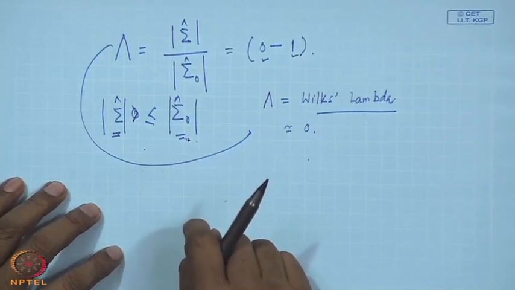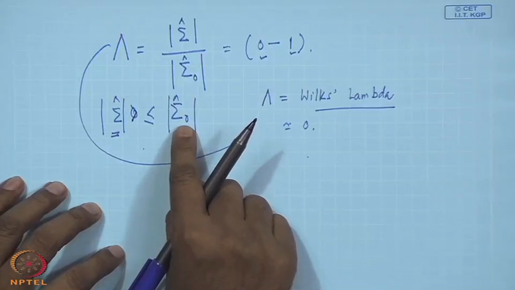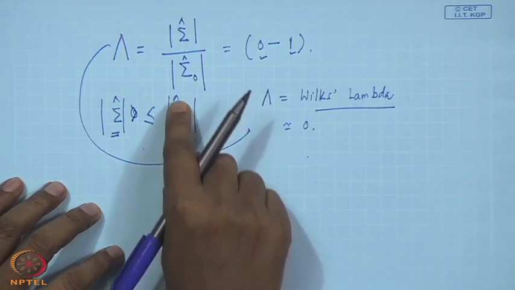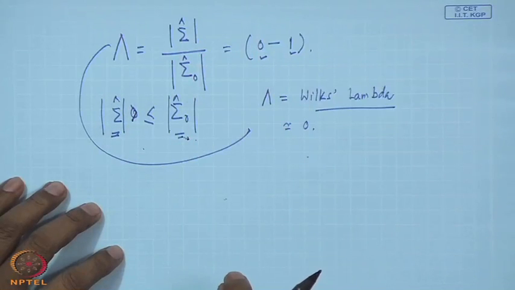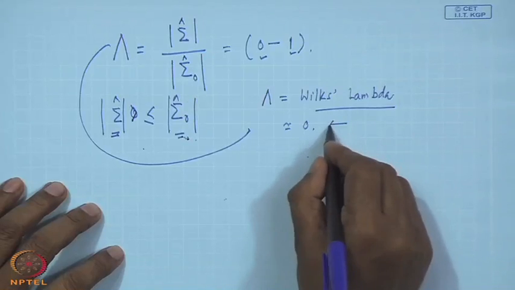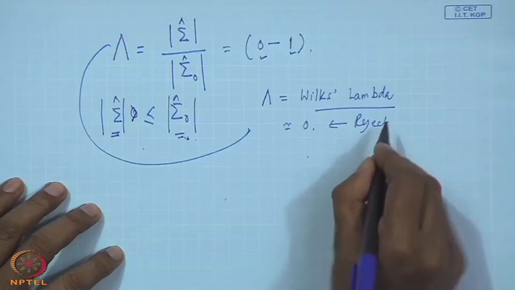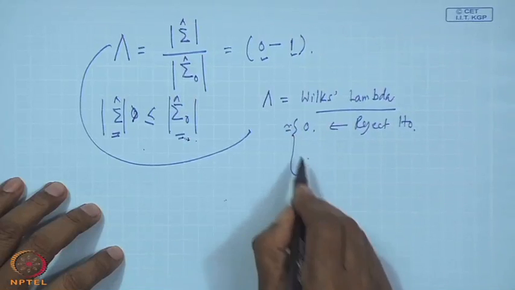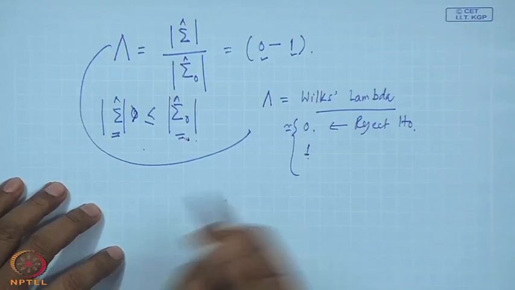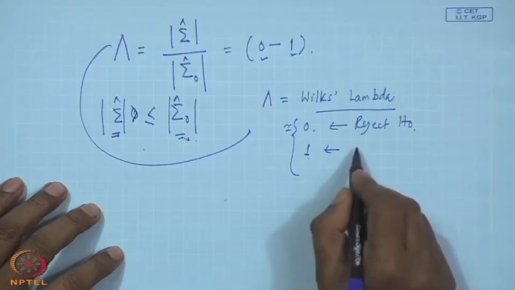It is indicating that capital sigma cap 0 is much more than the full model sigma cap. Getting me? So, as a result you reject H0, but if it is close to 1, accept H0.